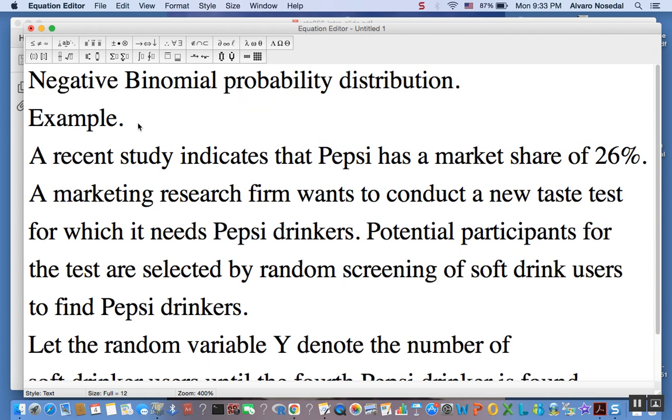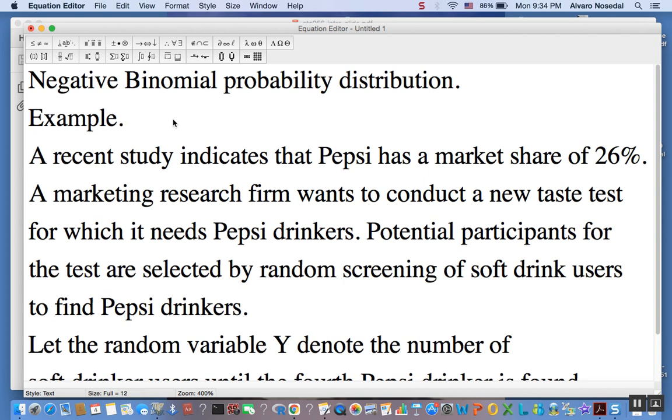So this is an old example. We discussed this kind of situation when we introduced the geometric probability distribution. But you'll see that there's a slight difference.